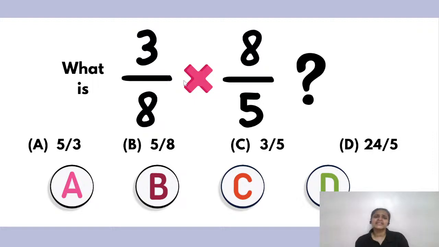Come on, I'm sure you can all answer it in a fraction of time. 3 upon 8 multiplied by 8 upon 5 will give me what? 3 upon 8 multiplied by 8 upon 5. Come on, children, quickly. In just one step, you can find the answer.